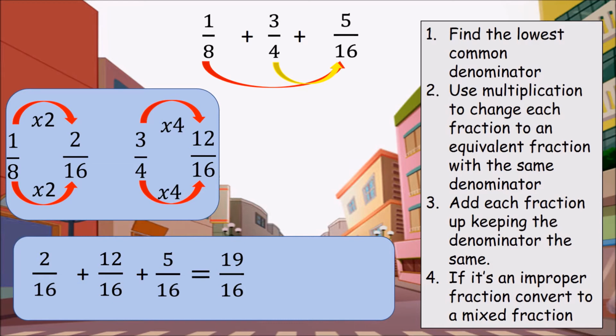So if 16 is our denominator, then 16 parts of 16 would make one whole. So we have 19 parts. So if we take 16 from that 19, we're left with 3 parts left. So in this case, the answer would be 1 and 3 16ths.